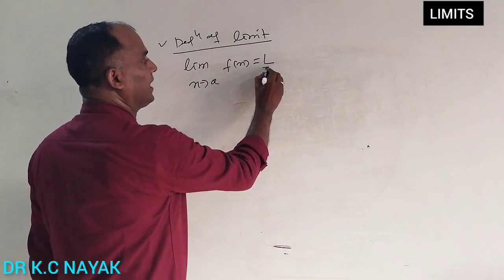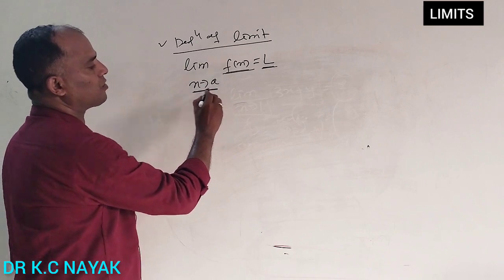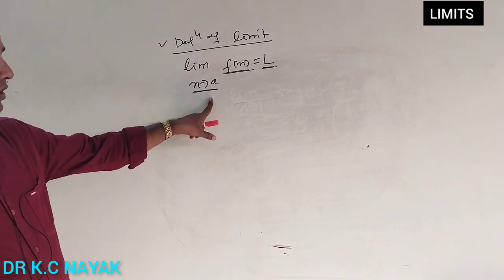That means L is the limiting value, f of x is the function, and x tends to a means an approaching value.